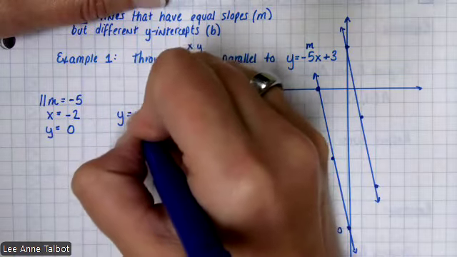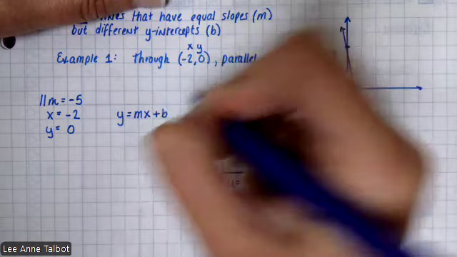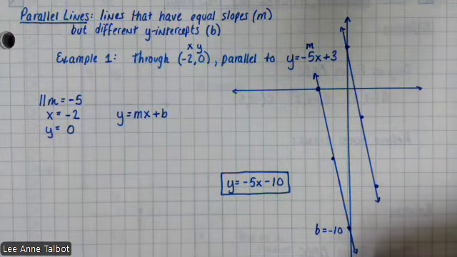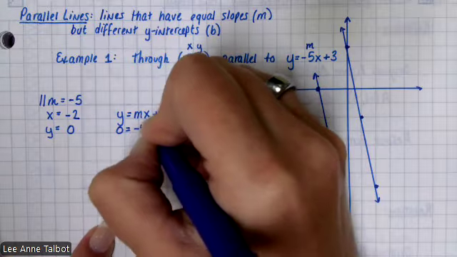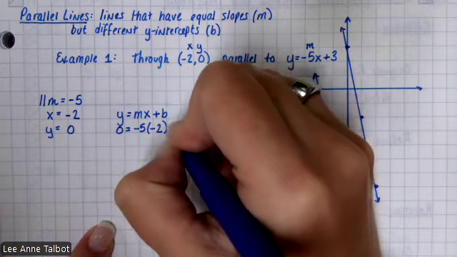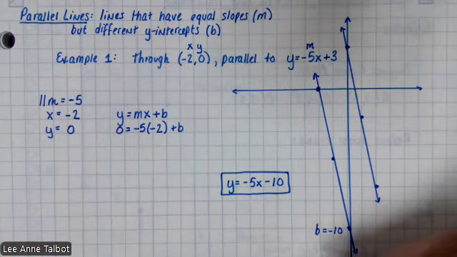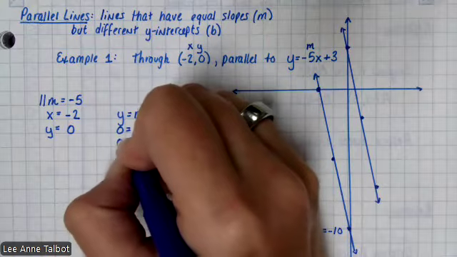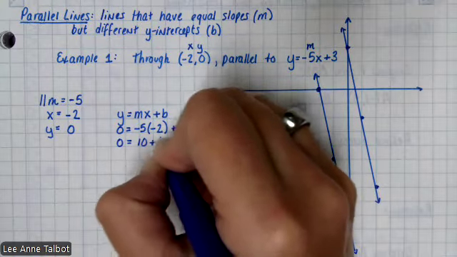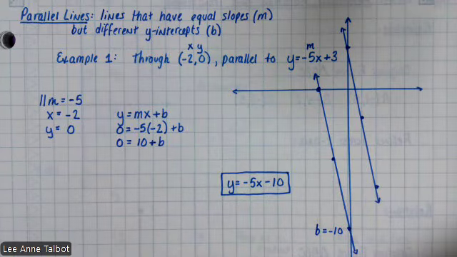y equals mx plus b. 0 equals -5 times -2 plus b. 0 equals 10 plus b.